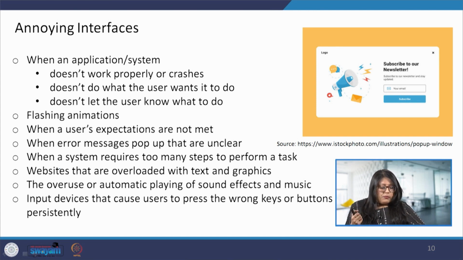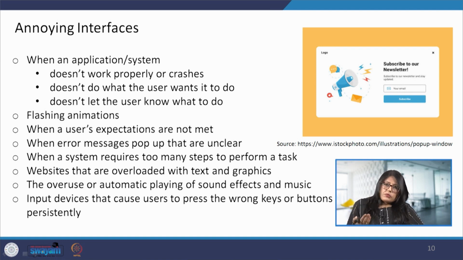At the same time, websites that have too much text and graphics. Text and graphics of course can help the user navigate and understand, get information, but when there is too much of it, it can also act as a clutter rather than as a design feature.